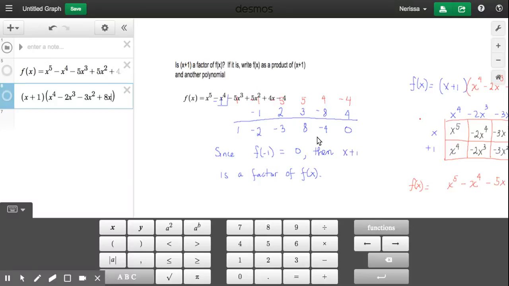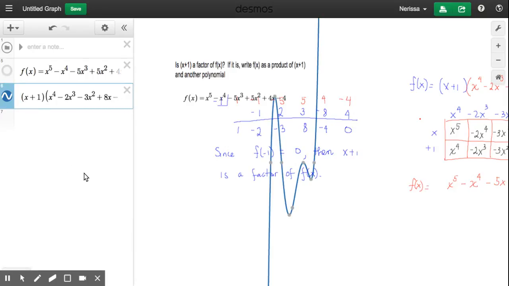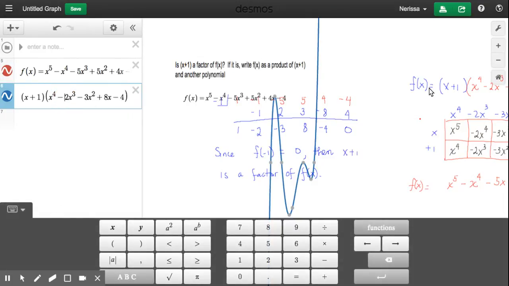And then last, or the constant term, is minus 4. All right, so let's see. If we graph this, this is what we get. If we graph the original, okay, where is it? It's hiding underneath. So these two functions, these two are the same. So we know that we got this factor correctly.